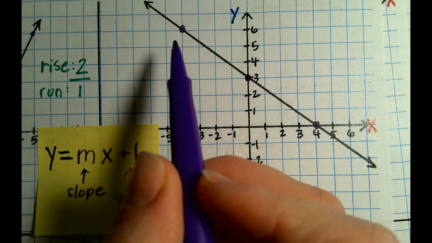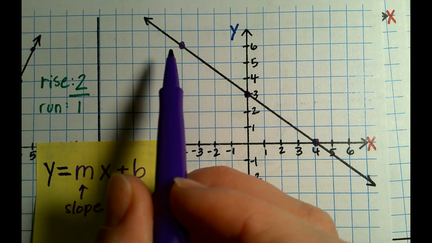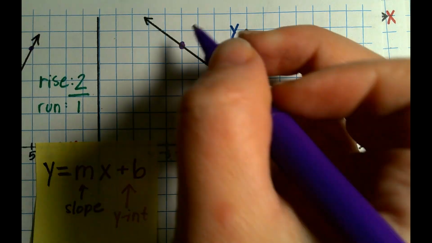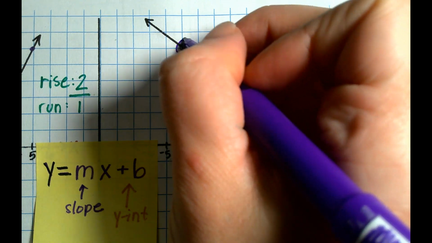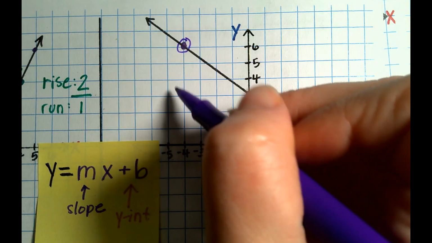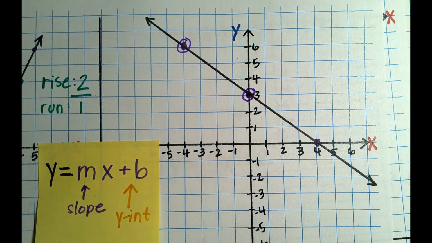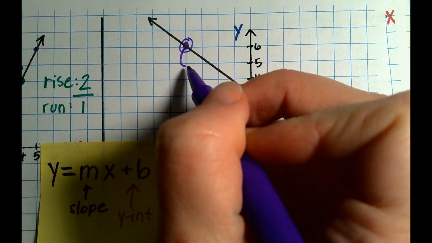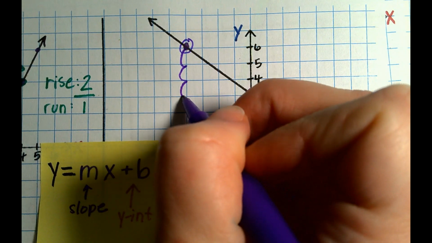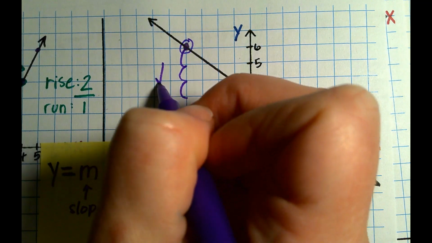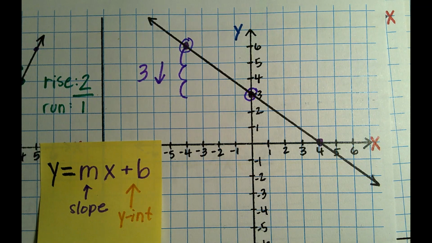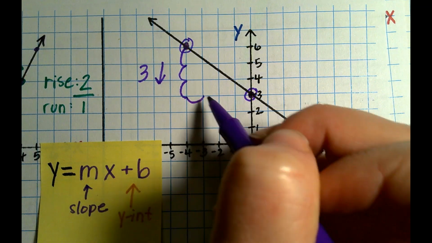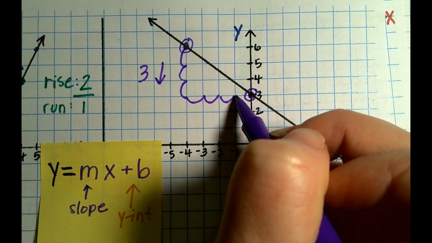How about this one? How would I find the slope of this line starting from here and going to my next point? Yes, we're going to go down until we're at the same height. 1, 2, 3. So we went down 3 and go over 1, 2, 3, 4.